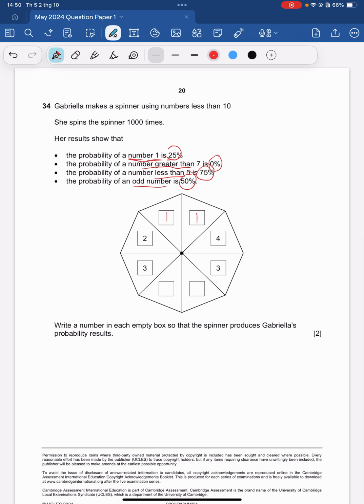The number less than 5 is 75%, that should be 6 numbers, right? 6 numbers less than 5. We have 6 already, so the chosen number will be 5, 6, or 7.